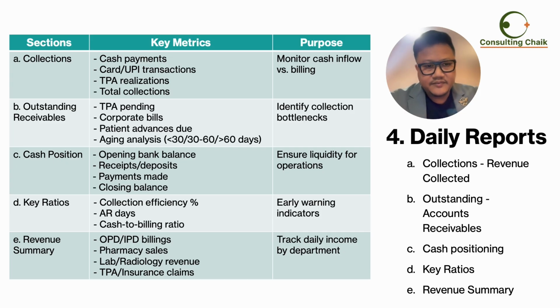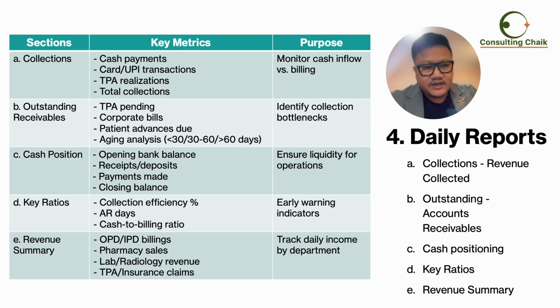The outstanding receivable is to understand the bottlenecks of your collections. And cash position is a very simple one: your opening balance, how much you have received or the deposits, how much payments you have made, and then the closing balance of the day. This is to ensure liquidity of the operations.